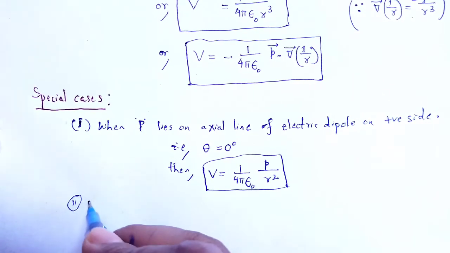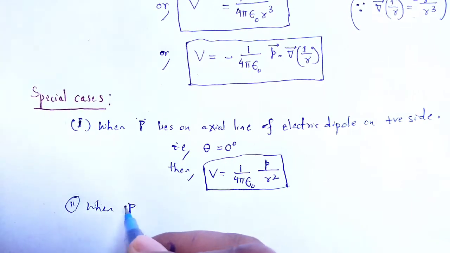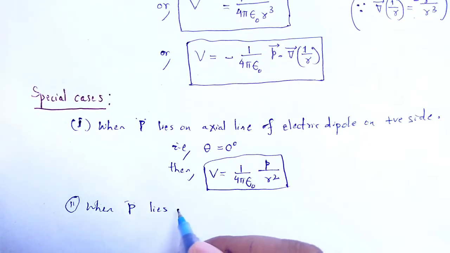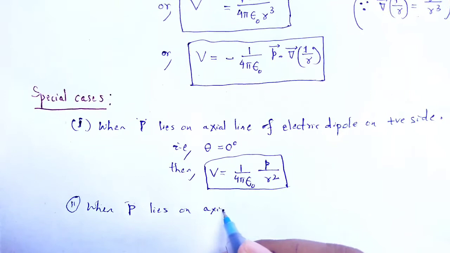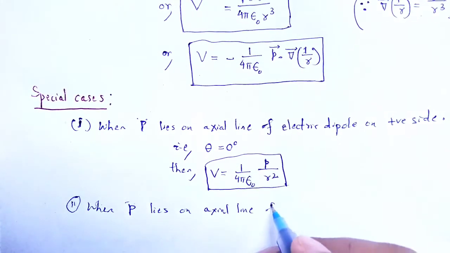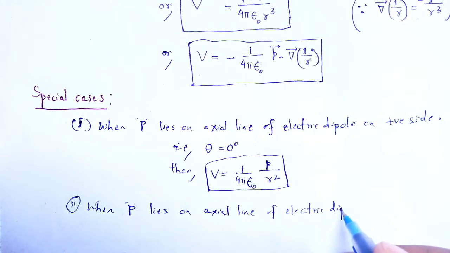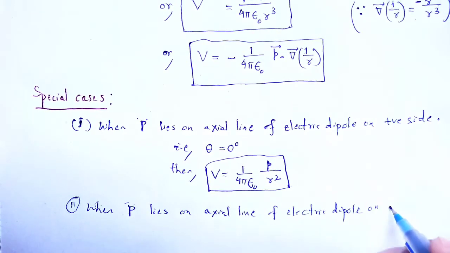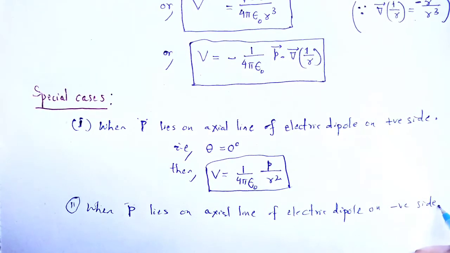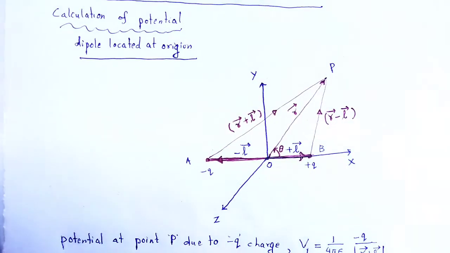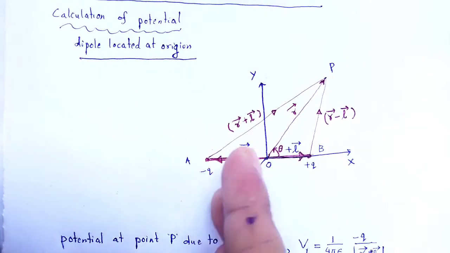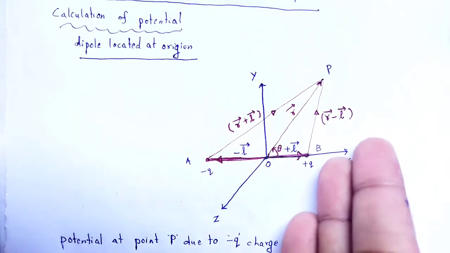Again, when the point P lies on the axial line of an electric dipole on the negative side. Negative side means that point P lies here, that is the axial line.